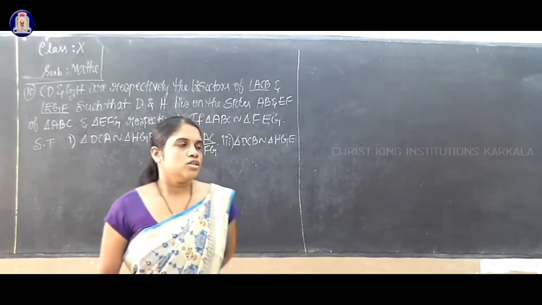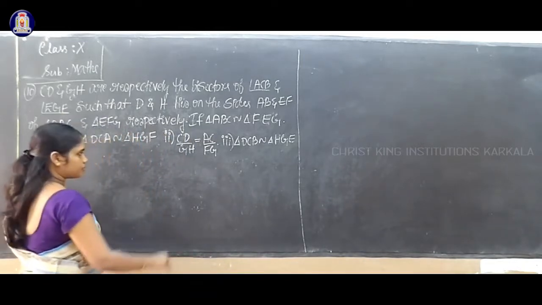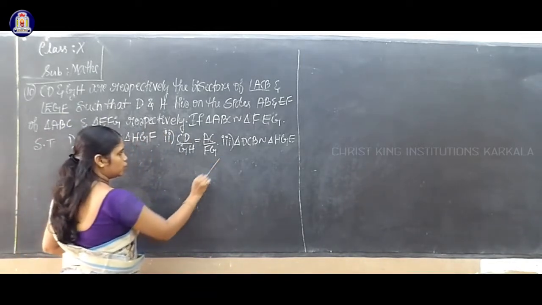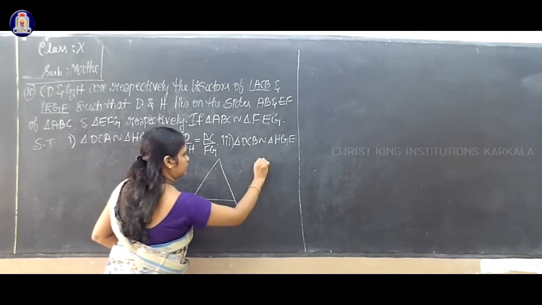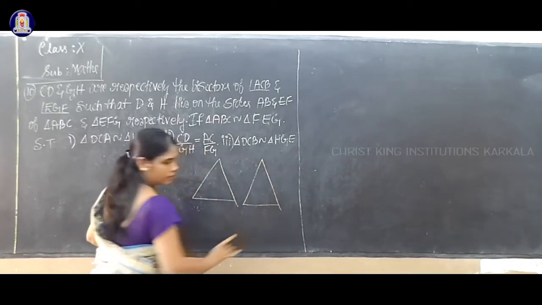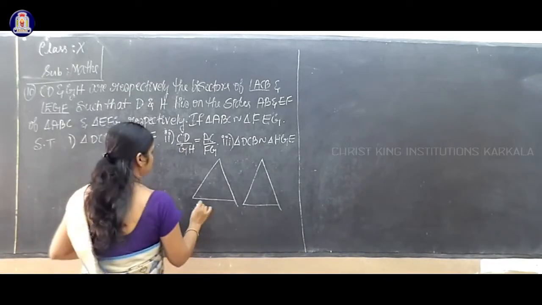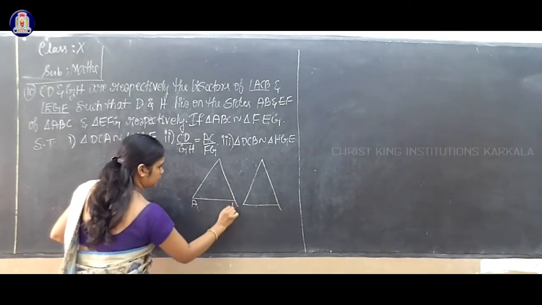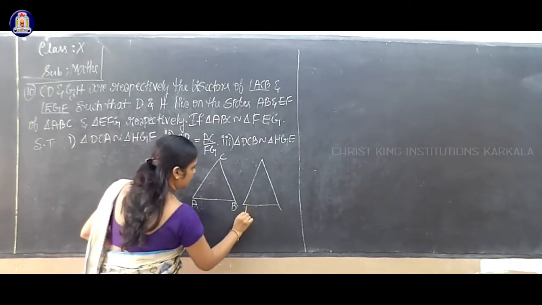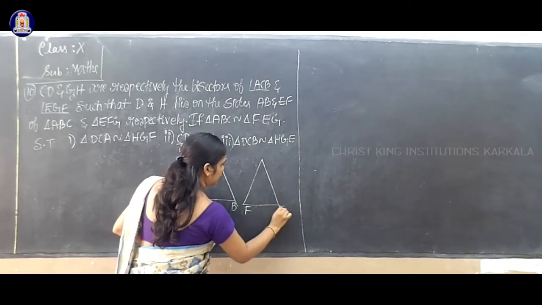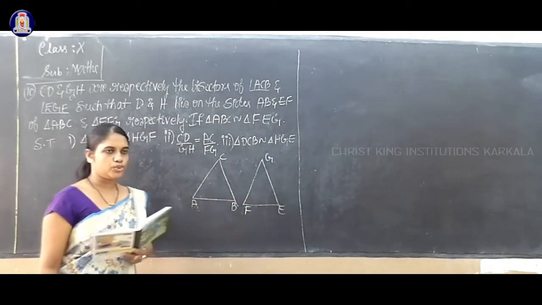Yes. So first I will consider the diagram. I will consider two triangles. Here this is A, this is B, this is C, as well as this is F, E, G. So these are the two triangles.